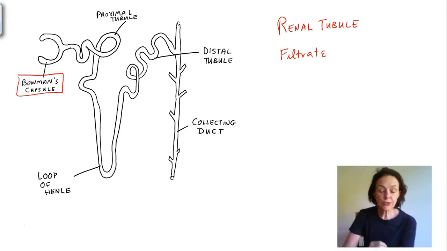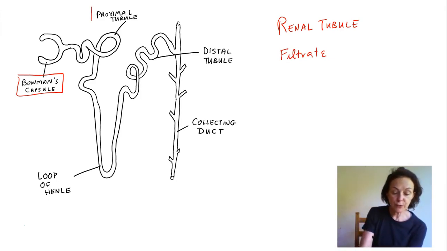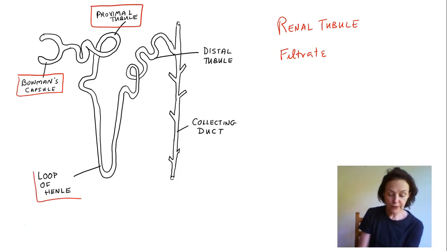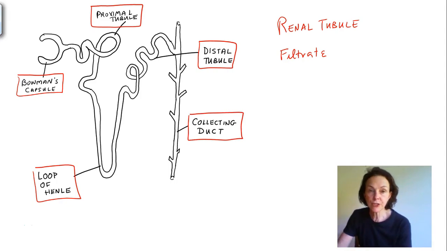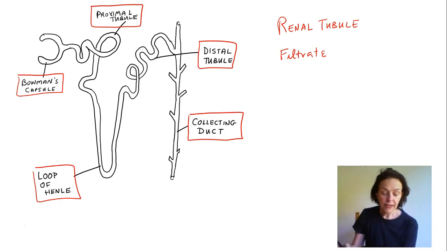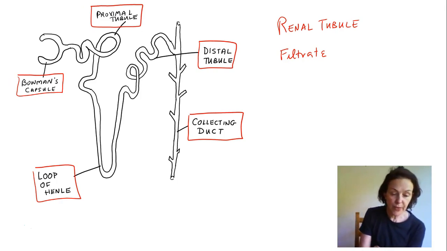And the filtrate is going to move from the Bowman's capsule to the proximal tubule, down into the loop of Henle, up into the distal tubule, and out the collecting duct, which is going to lead to the calyx, into the renal pelvis. And so let's just follow this with a pen.